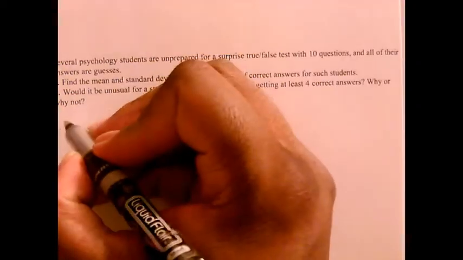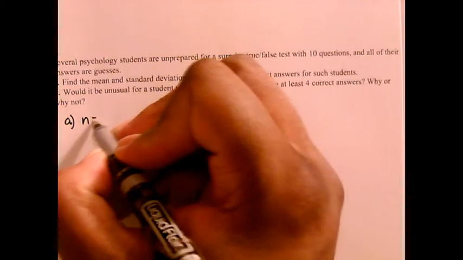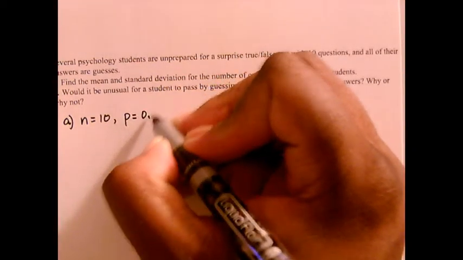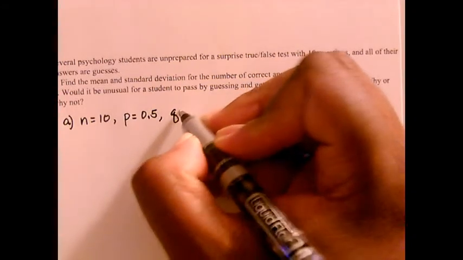Okay, so let's start off with part A. We have 10 true-false questions, so that's your N. They're either going to get the answer correct or incorrect because it's a true-false test. So the probability of getting it correct will be 0.5, which means Q has to be 0.5. That's 1 minus P.